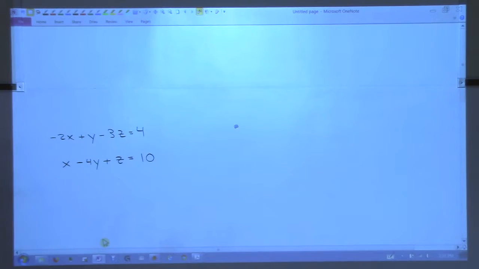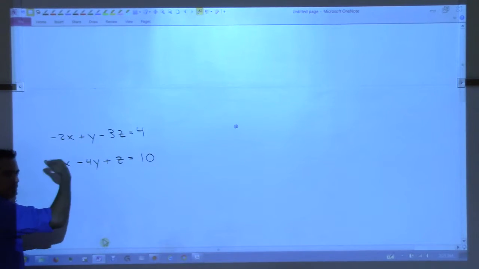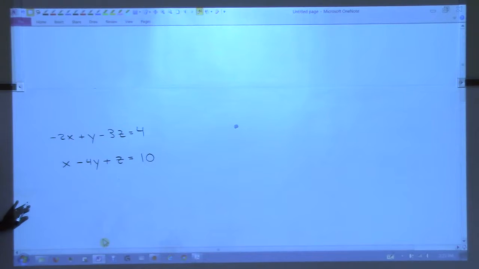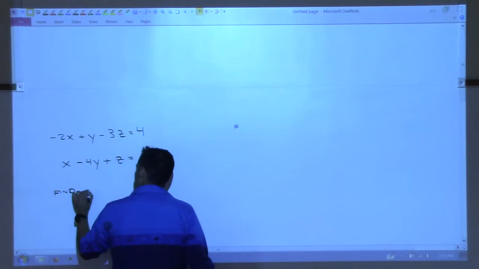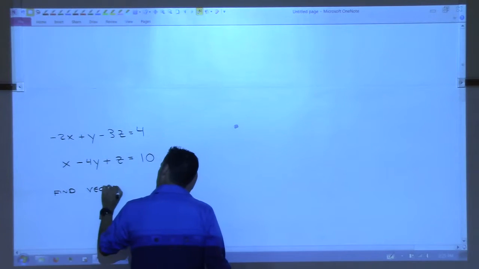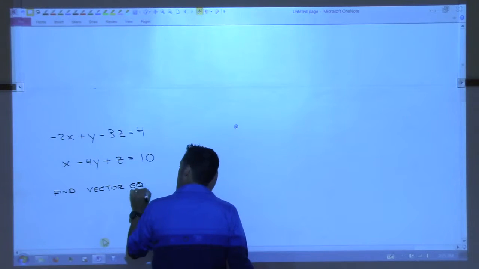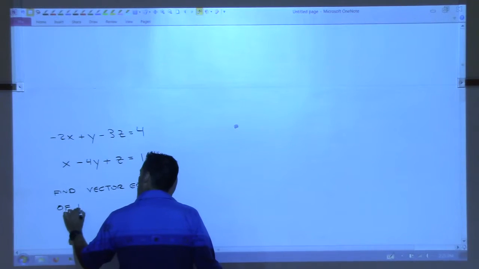No, they're not parallel because the normal vectors are not scalar multiples. If they're not parallel, then they should intersect one another somewhere, and where they intersect, it should be a line. So we're trying to find the vector equation of that line of intersection.